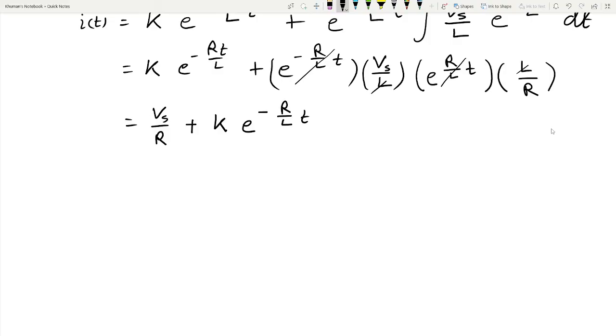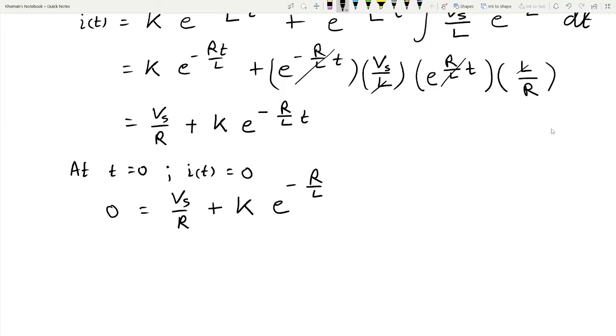Okay, then we can find the value of k by applying the initial condition, that is at t equal to 0, i(t) is equal to 0. So by applying this, 0 is equal to Vs by R plus k e to the power minus R by L multiplied by 0.